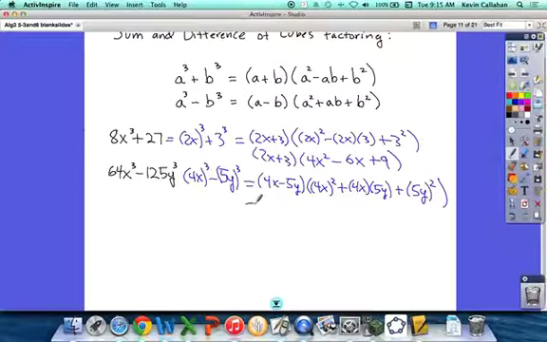And then I can simplify that. 4x minus 5y times 16x squared plus 20xy plus 25y squared.